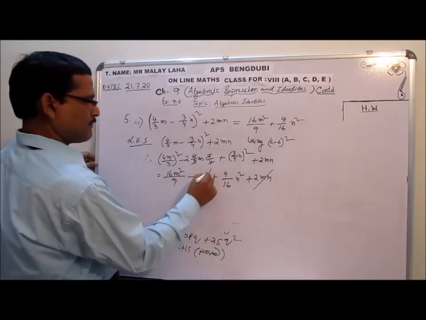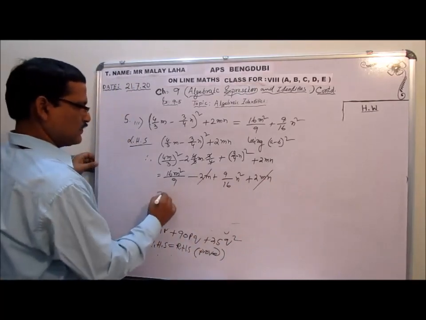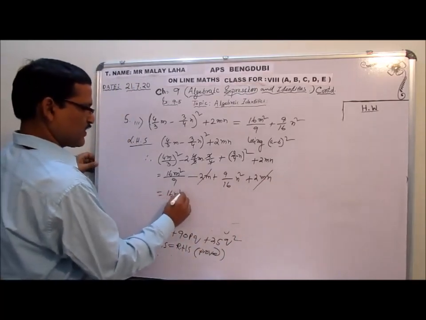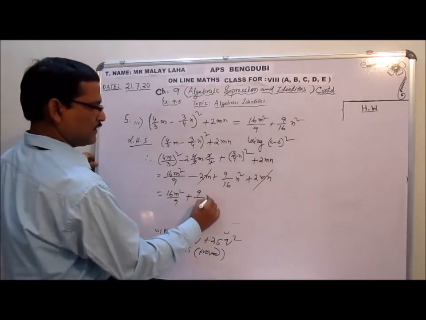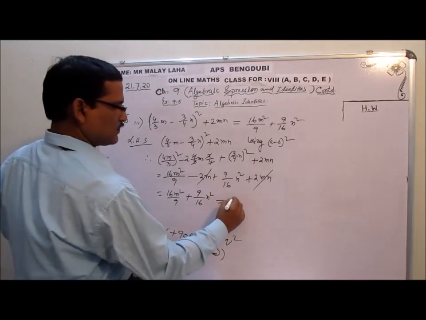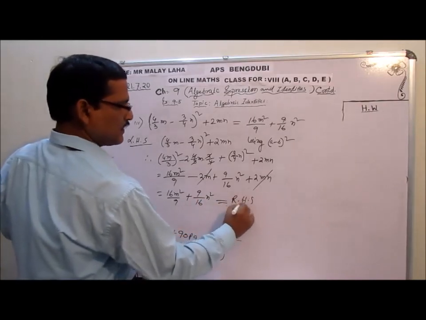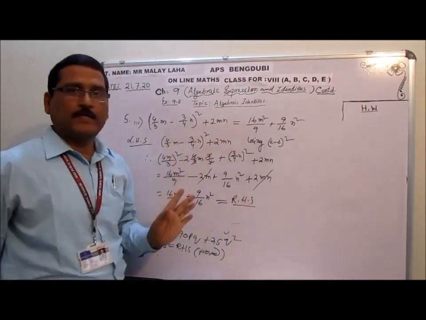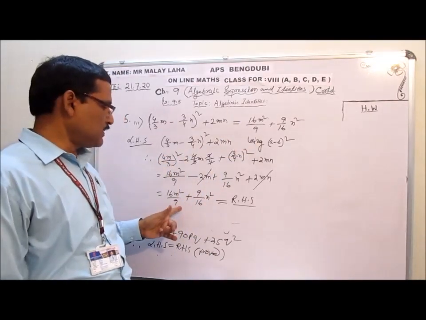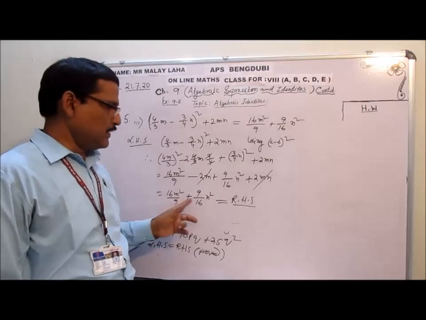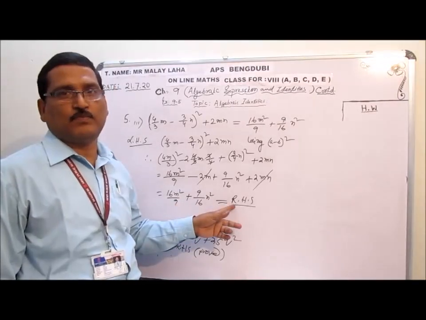Minus 2mn and plus 2mn get cancelled, so I am getting 16m square by 9 plus 9 by 16n square, that equals to RHS. The right hand side is already simplified, nothing to do. Whatever answer is coming in the left hand side equals the right hand side. This much you have to say.